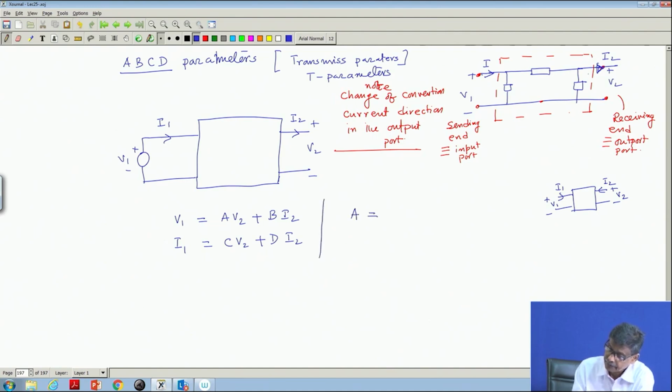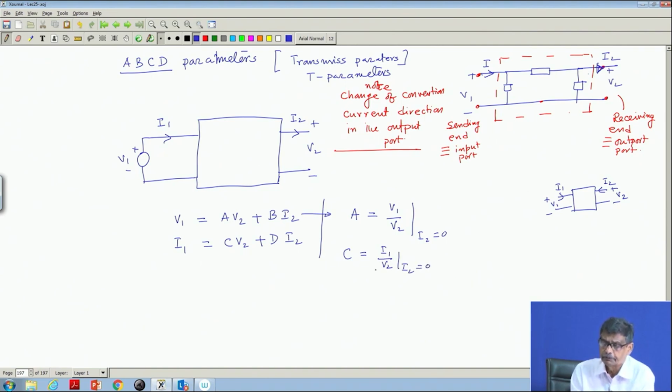A is equal to V1 by V2 with I2 equal to 0, from the first equation. If you somehow maintain I2 equal to 0, then A will be V1 by V2, and with I2 equal to 0, similarly C will be I1 by V2.